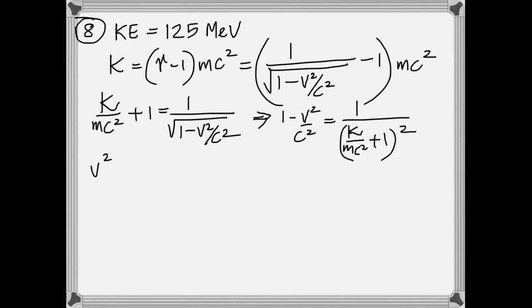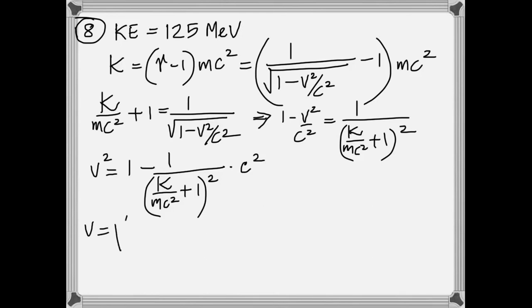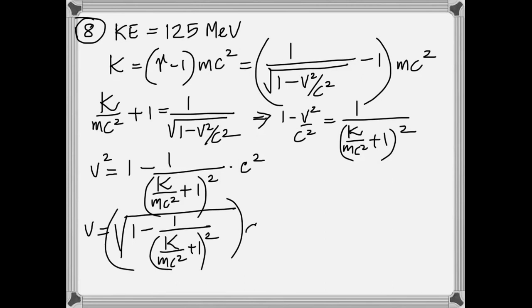Switch sides and square both sides. I've done both in that step, and finally when you have v² on one side, it's going to be this equation, and then take the square root. And again, be careful about each step here. The square root of c² is c.